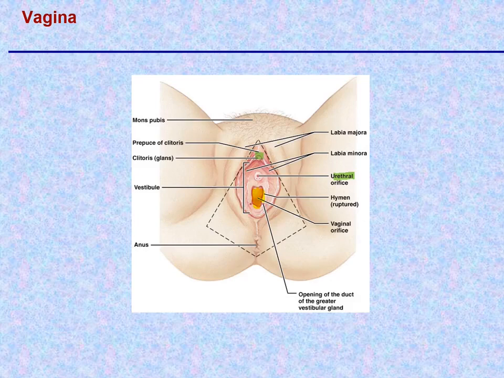One is labeled, the other one is not, but you see the openings of the greater vestibular gland right here, just posterior to the opening of the vagina, and immediately slightly posterior to the opening of the urethra, you see what are called the openings of the lesser vestibular glands, and I'll explain what those are.